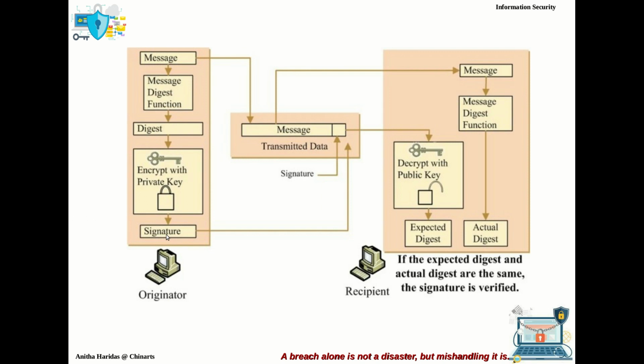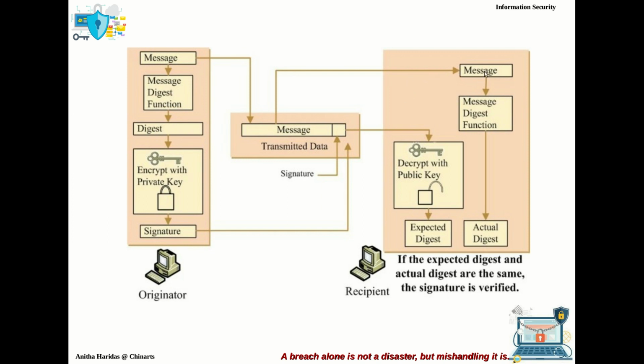Now the sender will transmit both the message and the signature to the receiver. You can observe here he gets two documents. One is the message document, the other one is a signature document.